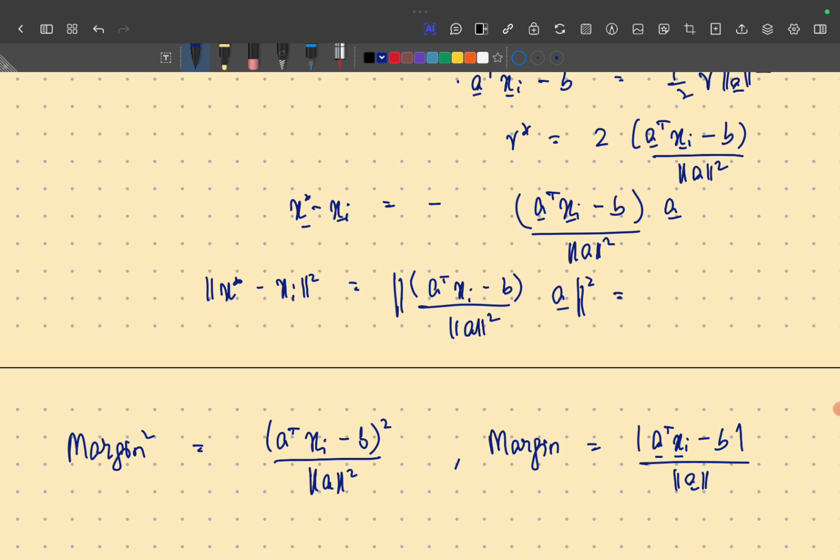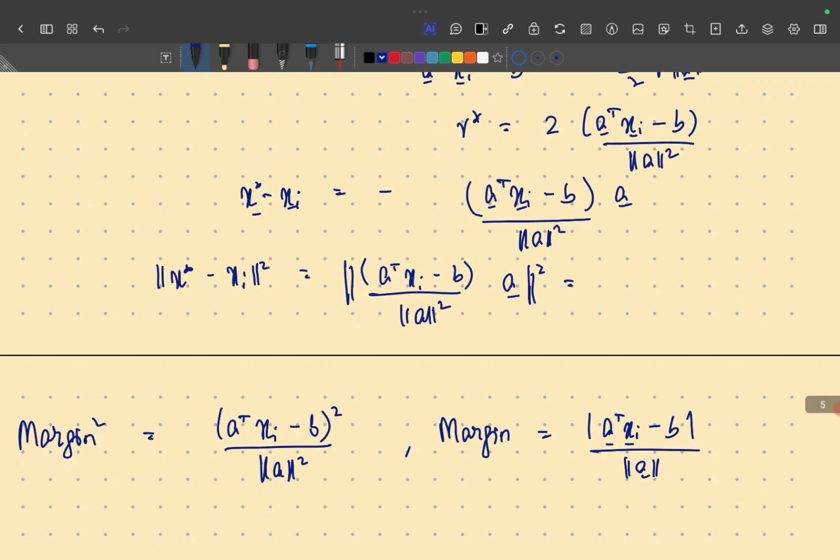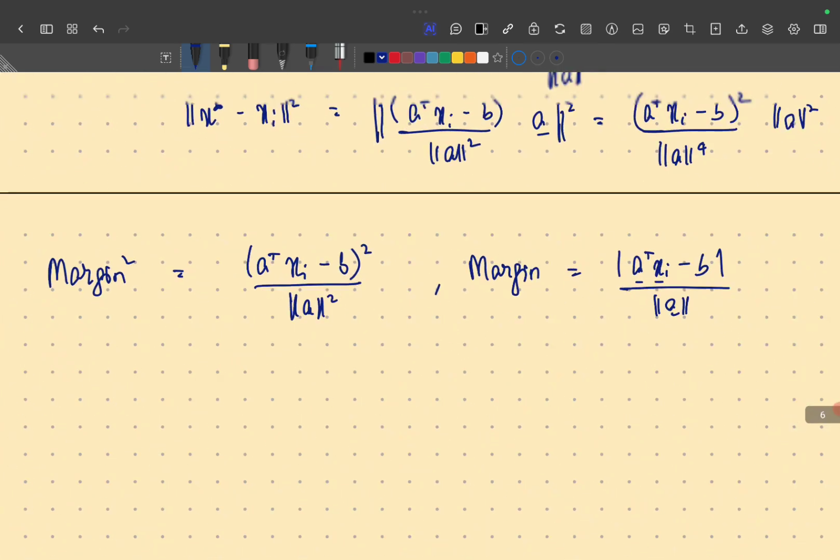If I take the scalar coefficients outside, I just get (A transpose xi minus b) the whole square divided by norm A to the power 4, times norm A squared. The square and the power 4 cancel partially. So the margin is just equal to mod of A transpose xi minus b divided by the norm of A. All right.